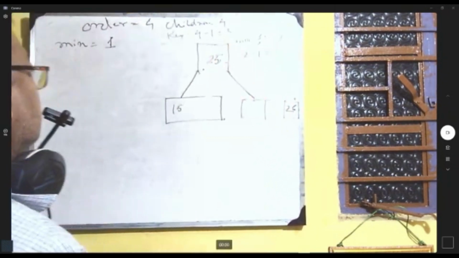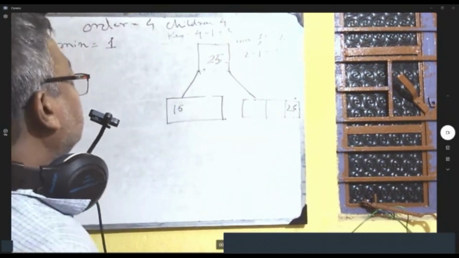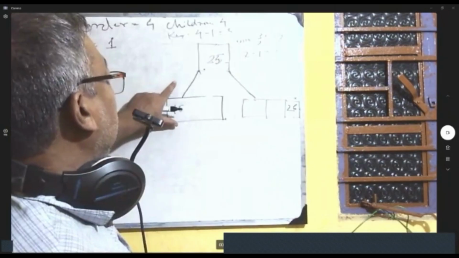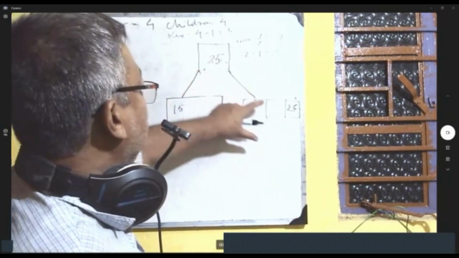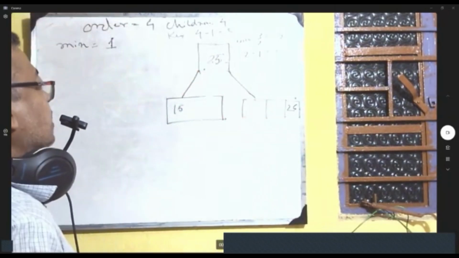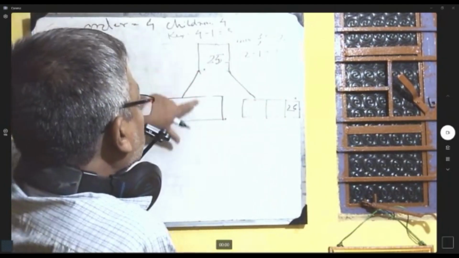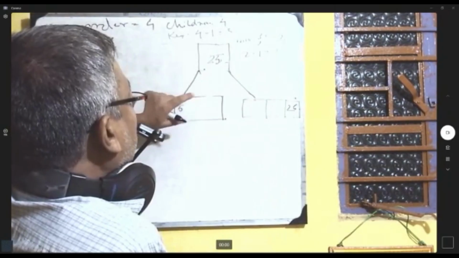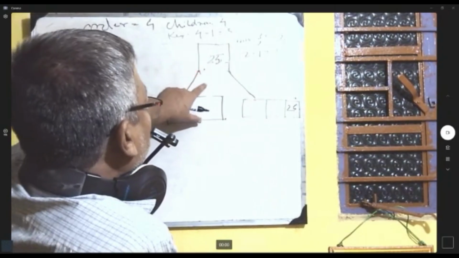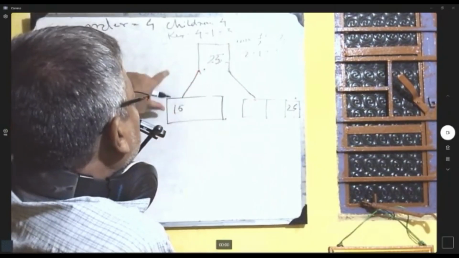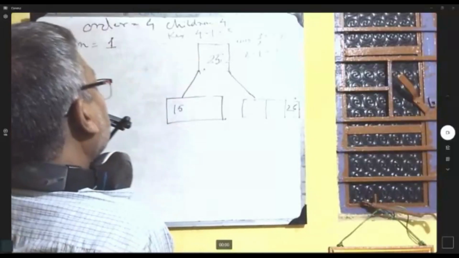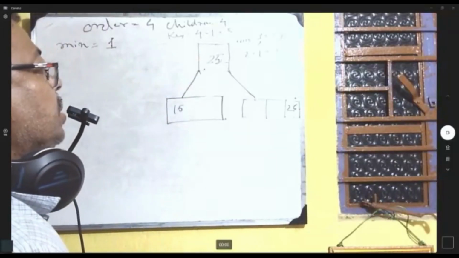This is the position till now. So now, what is the condition? The latest condition is 20, 15, 25, and 26. But it is not required in this position, in this figure, because there are two levels, level 0 and 1. We want to reduce the level, because each node has a capacity of 3 keys.